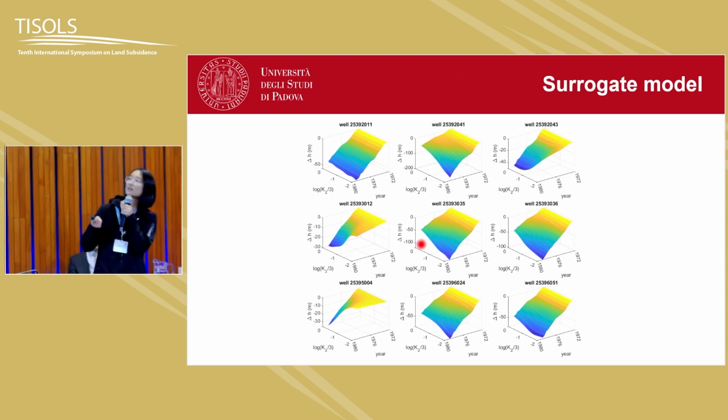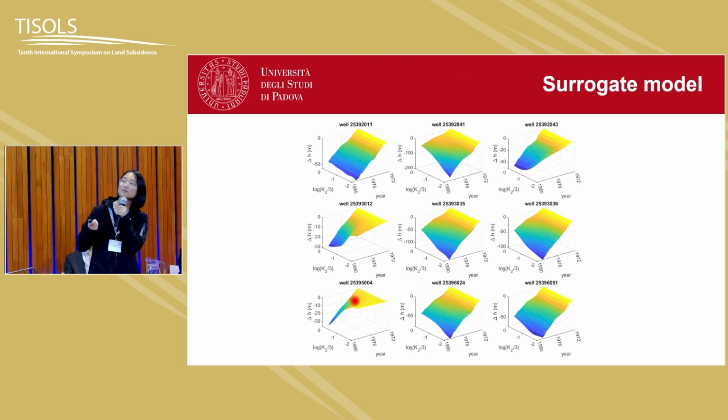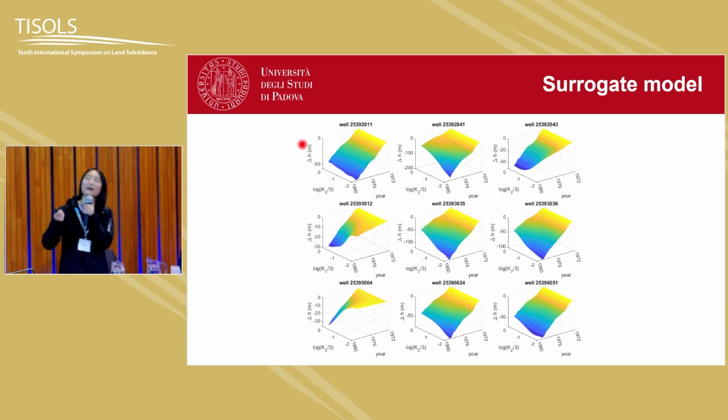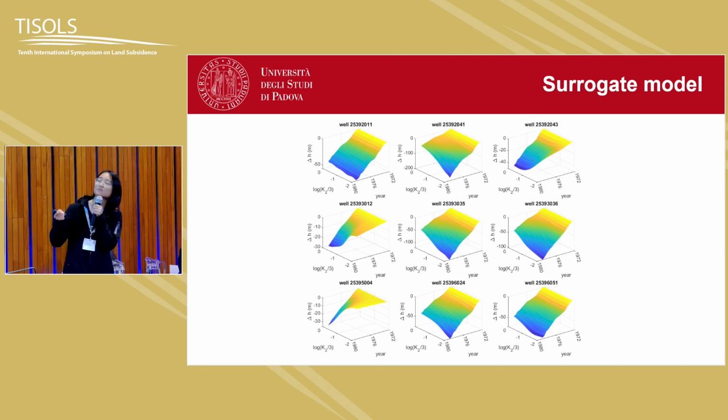And here are the response surfaces obtained by the surrogate model. From these plots, you can have an idea how the drawdown propagates with different conductivity and time, but I won't go into details. Basically, this response is reasonable given the physical location of these pumping wells and monitor wells.